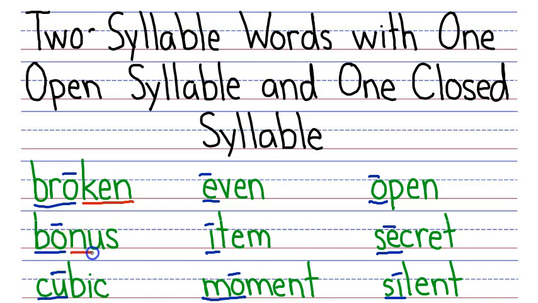Our other closed syllables on this page are nus, where the U is closed in by the S, bic, where the I is closed in by the C, ven, where the E is closed in by the N, tem, where the E is closed in by the M, ment, where the E is closed in by the N and the T, pen, where the E is closed in by the N, cret, where the E is closed in by the T, and lent, where the E is closed in by the N and the T. And in all these cases, of course, the vowel makes a short sound because it's in a closed syllable.